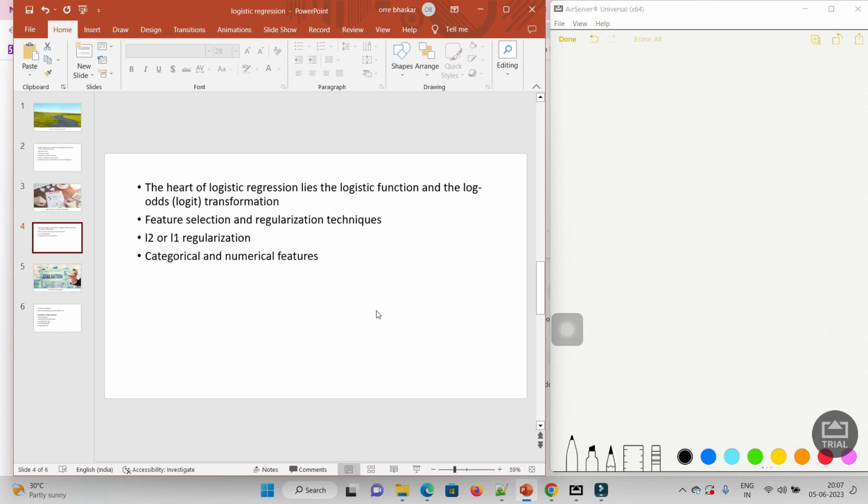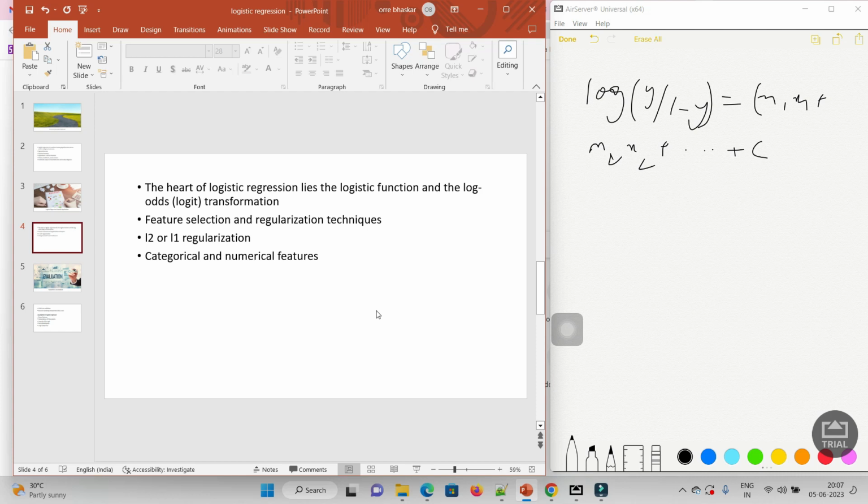Let's take an example. We have logistic regression: log of y by (1 - y) = m1 x1 + m2 x2 + and so on + bias term. This is our log of odds.